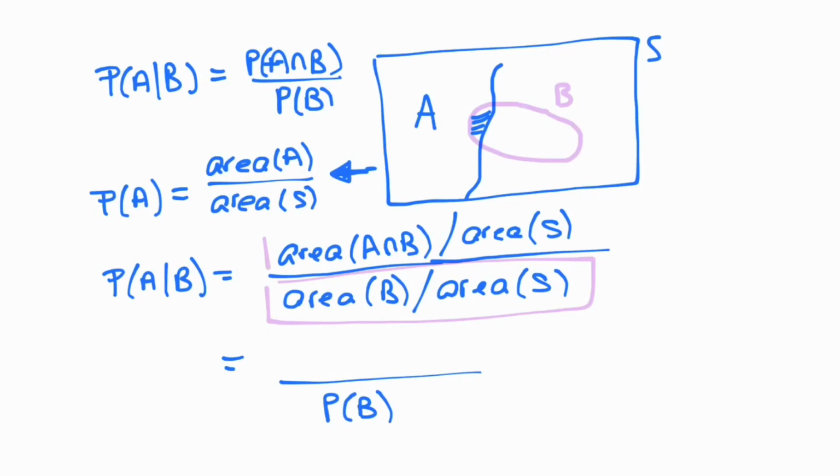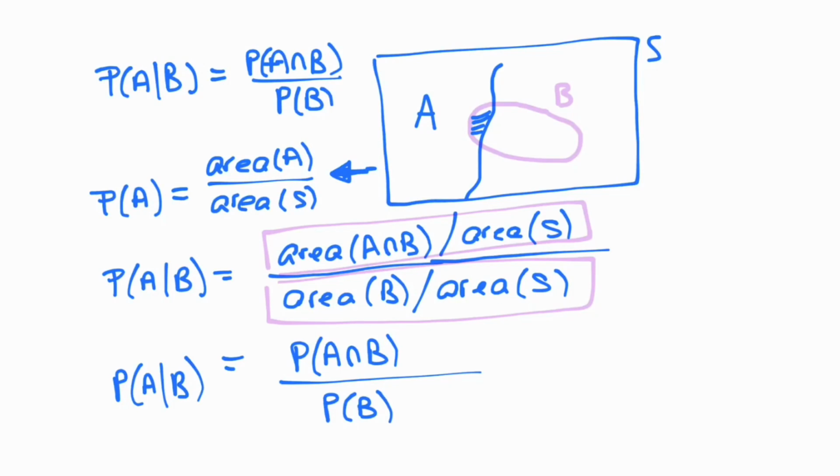And the numerator is just the probability of A intersect B. So this is a formula that is useful to remember. Finding the probability of A given B is the probability of A intersect B divided by the probability of B. Let me write that down again.